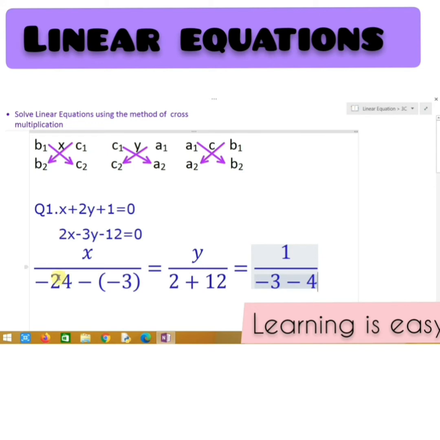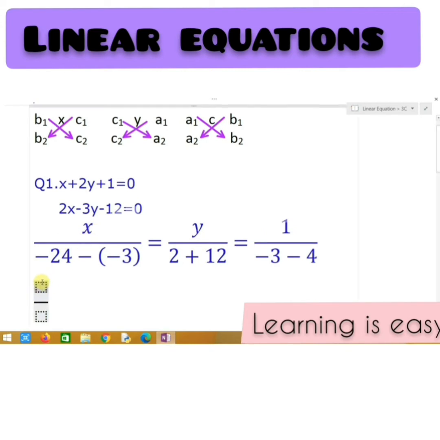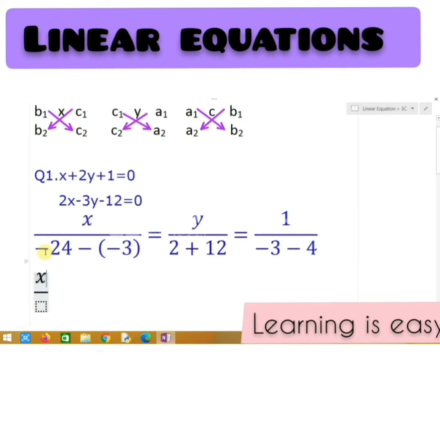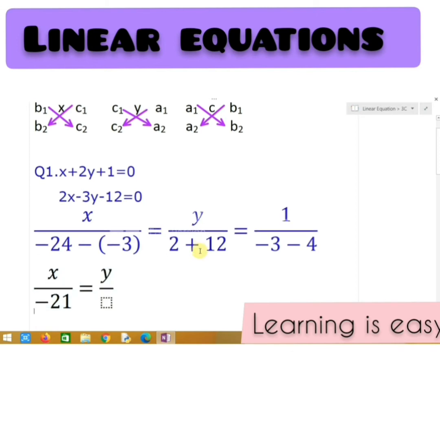So with x and the constant, we can get the value of x. With y and the constant, we can get the value of y. Let's write this. X by minus 21, minus 24 plus 3 becomes minus 21, equal to y by 14, and the constant is going to be minus 3 minus 4.